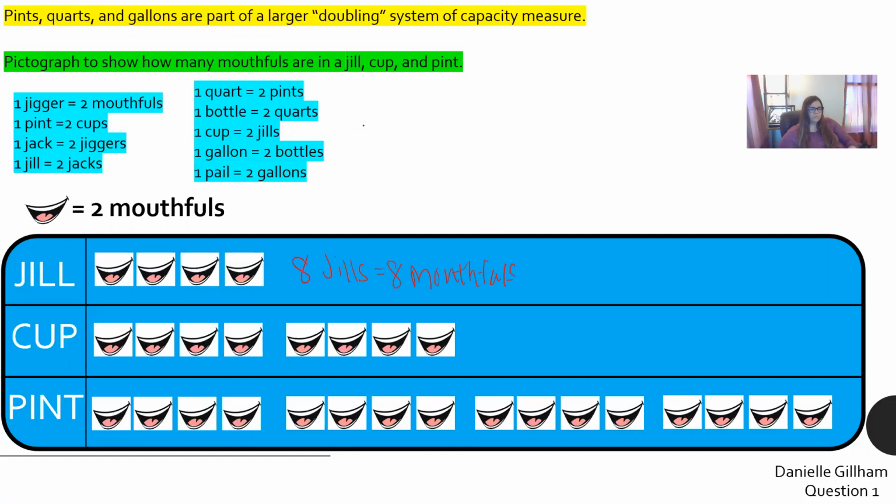So 1 gill, trying to find mouthfuls, so 1 gill equals 2 jacks, and 2 jacks equals 4 jiggers, because 1 jack equals 2 jiggers, and then 4 jiggers equals 8 mouthfuls. So that's how I get that.